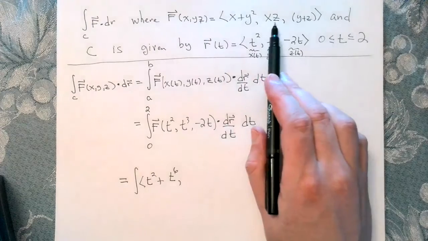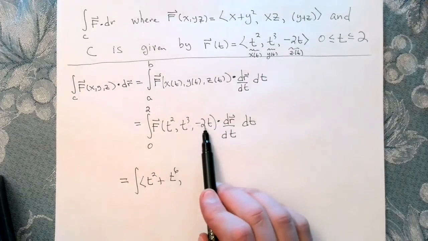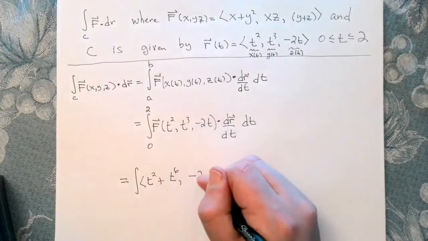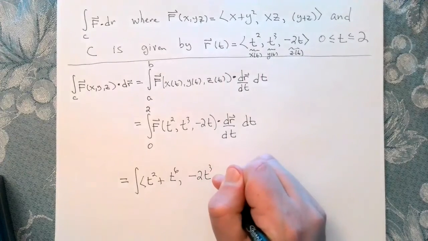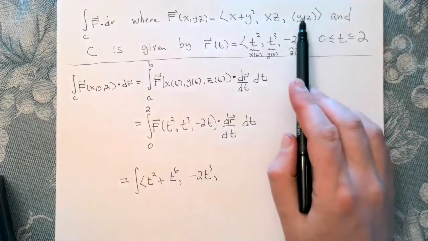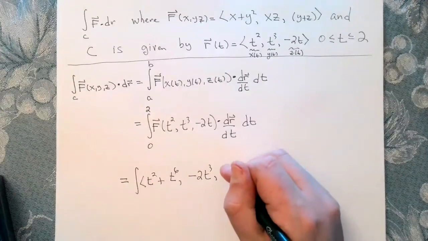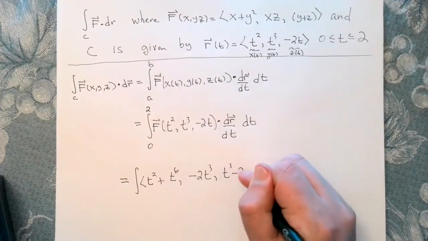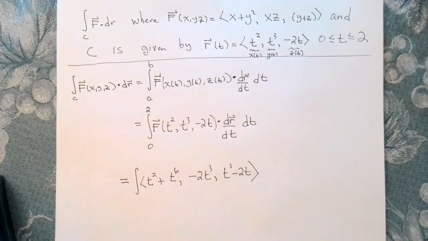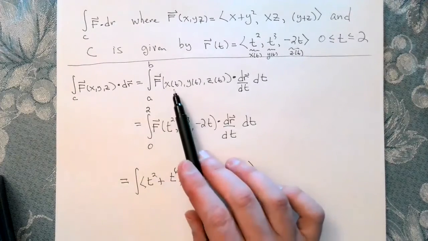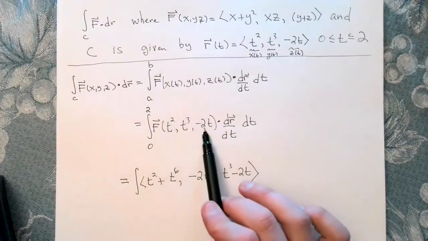Now we need x times z, which gives us minus 2t cubed. And then lastly, we need y plus z, which gives us t cubed minus 2t. So that's exactly y plus z. Okay, so that's our vector field evaluated at x of t, y of t, z of t.